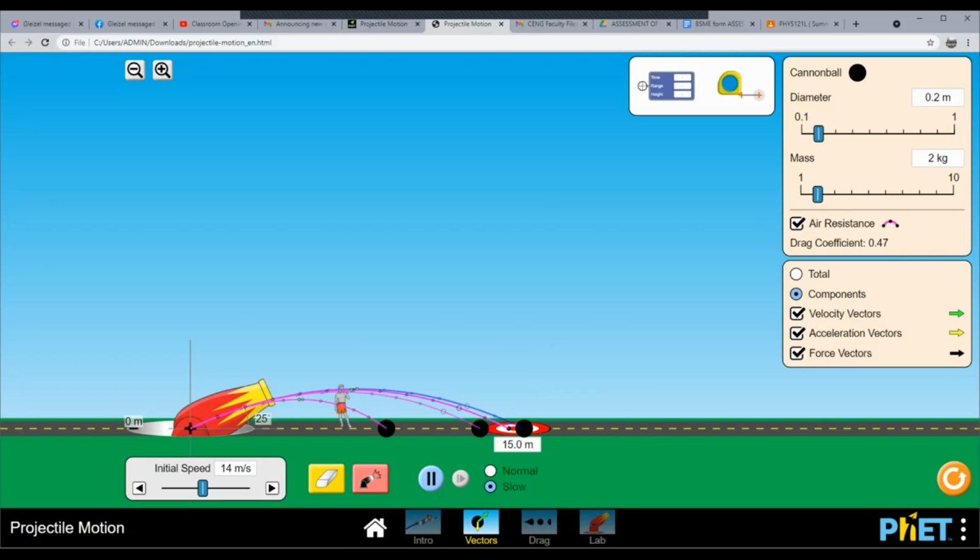With a given air resistance. So, pwede pa rin nating ma-hit yung target. So, alisin natin yung air resistance. Ibalik ulit natin itong condition na to, 0.2 meters, then 2 kilogram. What happens? We can still hit the target. Okay.